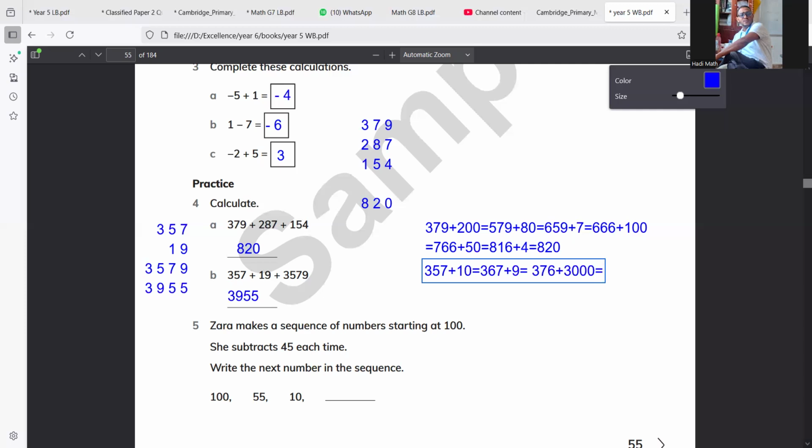That's equal to 3,376. Then you can add the 500. This is equal to 3,876. Then add the 70. Okay, is equal to 3,946.